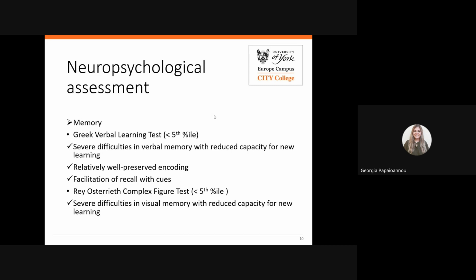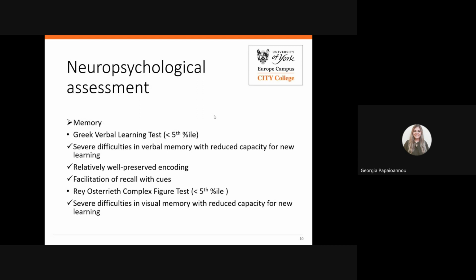However, with the longer duration that has lasted throughout the test, in the long delay recall, for example, she was not able to retain all that information as in the beginning.